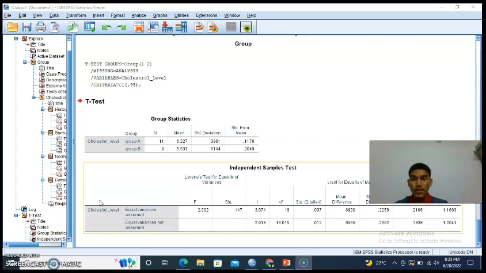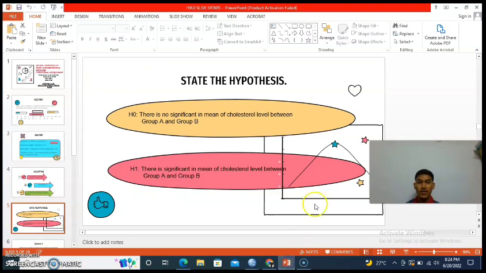Both show that it is lower than alpha 0.05. From the test, we can conclude that we reject the null hypothesis. So we have to use the alternative hypothesis. You can see my slide.